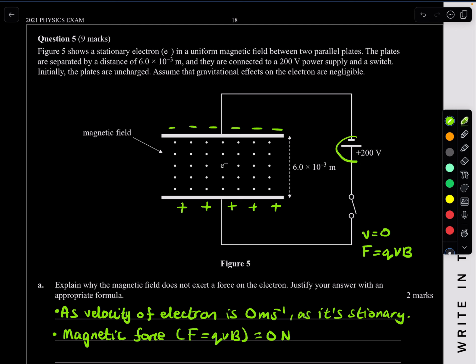When they turn on the switch, we're going to be producing an electrical field, and this electrical field is going to move this electron down. It's going to start to have velocity, and its velocity is going to start increasing. When the velocity increases, your magnetic force increases too. So it will start from 0 and start increasing gradually.